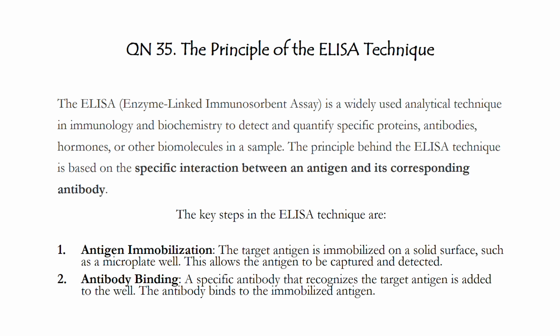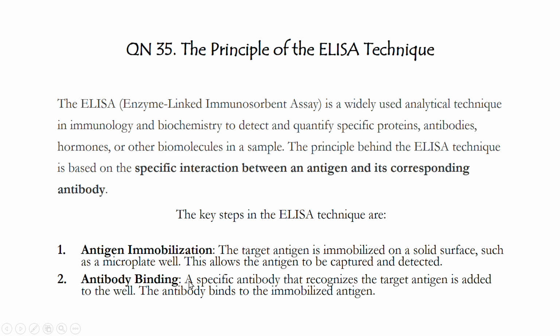This technique is done by applying 5 steps. The first step is antigen immobilization. Here, the target antigen is immobilized on a solid surface, such as the microplate well, and this allows the antigen to be captured and detected.